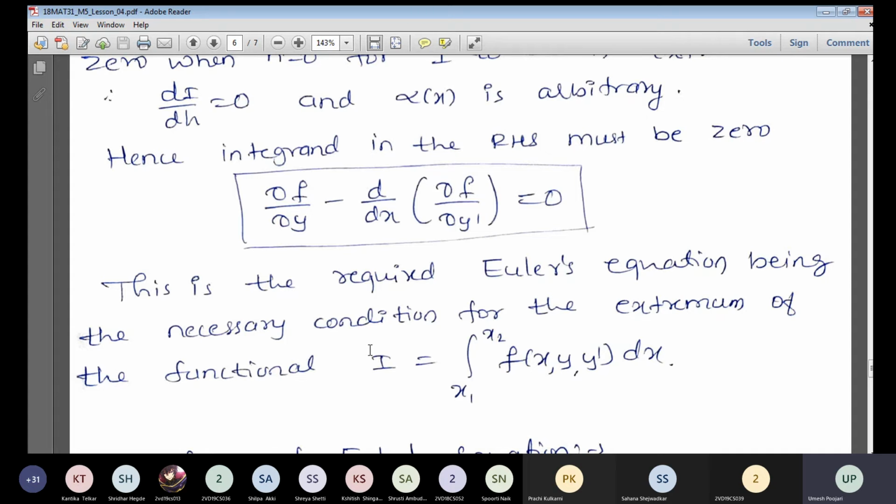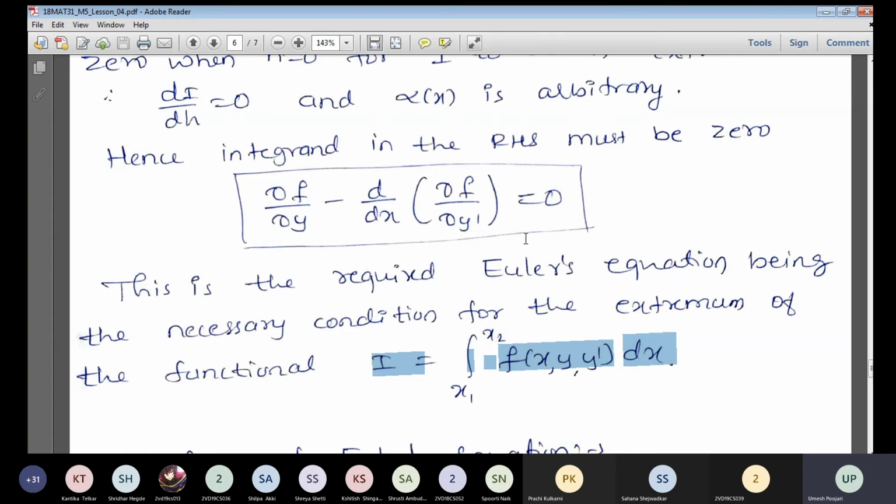This means the integral I is either maximum or minimum if ∂f/∂y minus d/dx of ∂f/∂y' is equal to 0. If this condition is satisfied, then we can find the maximum or minimum of the definite integral I. So this is called Euler's equation, and this is the necessary condition here.